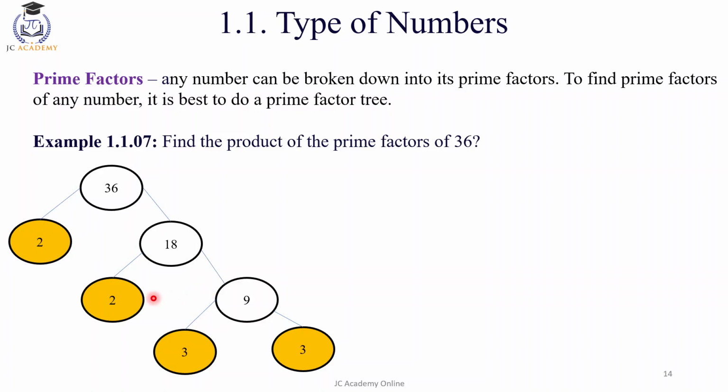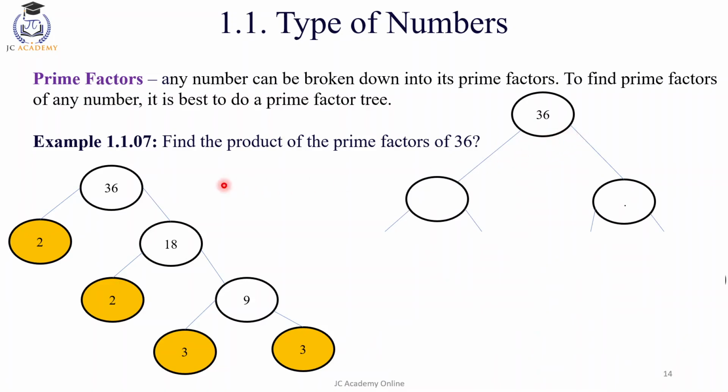Now there are multiple ways of doing a prime factor tree. Here's another example. Let's say we didn't divide by 2, we divided by 4. We know that 9 times 4 is equal to 36 also. Would we get a different final answer? Well, let's see.